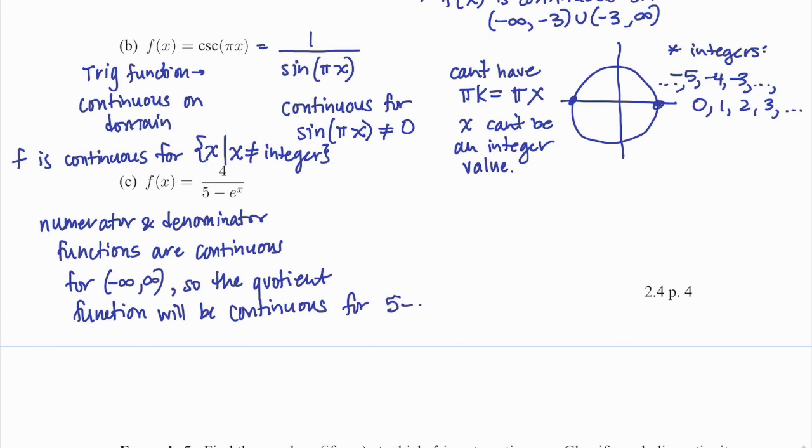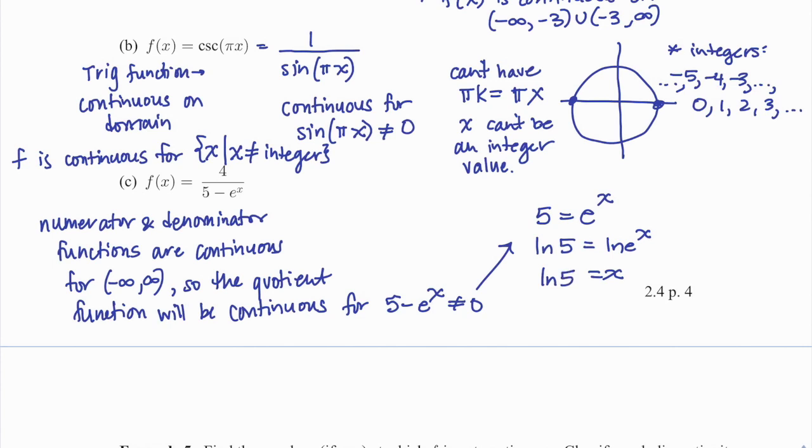So we want 5 minus e to the x not equal to 0. So we want to figure out where 5 is equal to e to the x. And if we take the natural log of both sides, we'll have natural log of 5 equals natural log of e to the x. And remember, natural log of e to the x, that's just x.